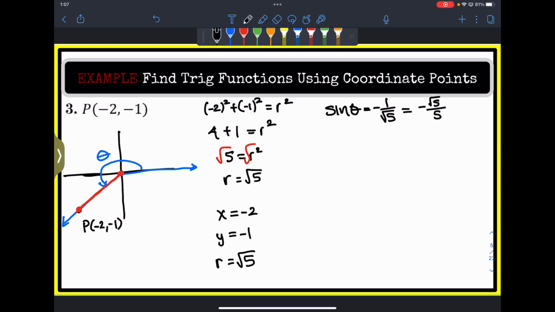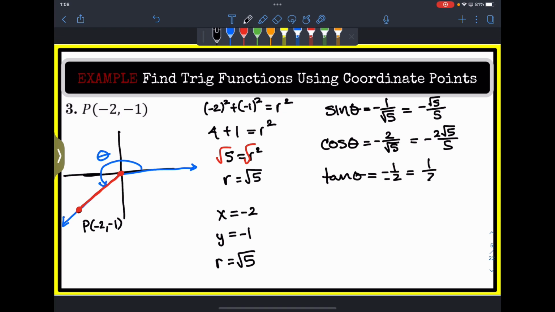So there, that's rationalized. Now the same thing with cosine. Cosine will divide the x value by r. So that's going to be negative 2 over radical 5, which when rationalized is negative 2 radical 5 over 5. And tangent is negative 1 over 2, which reduces to a positive 1/2.